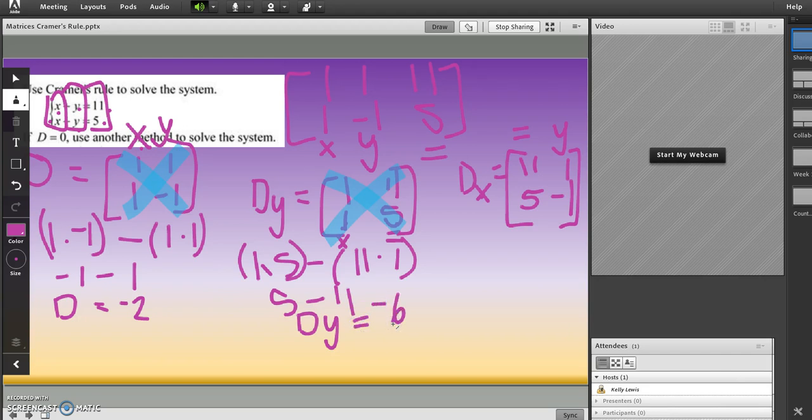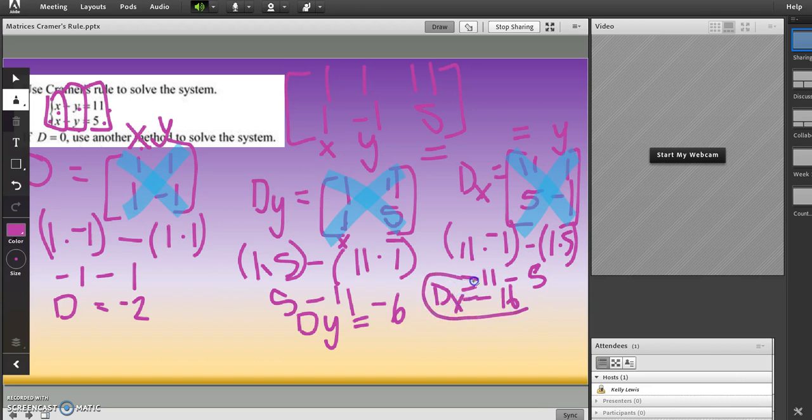Over here, that multiplied together minus that multiplied together, so we get 11 times negative 1 minus 1 times 5. 11 times negative 1 is negative 11, minus 5, so I get negative 16.